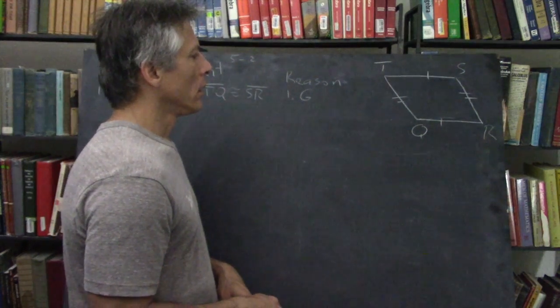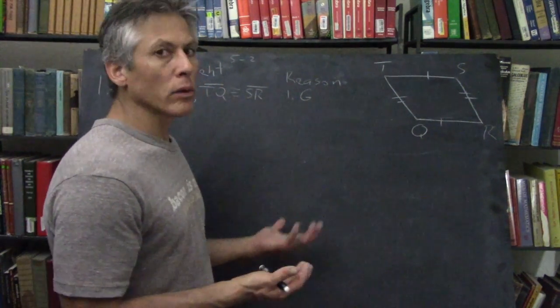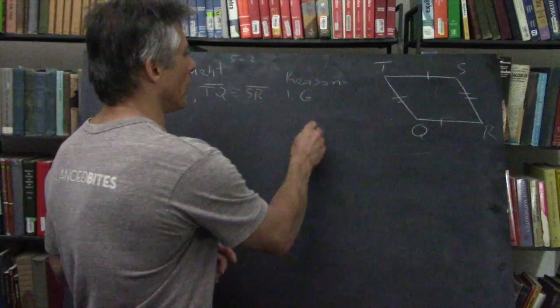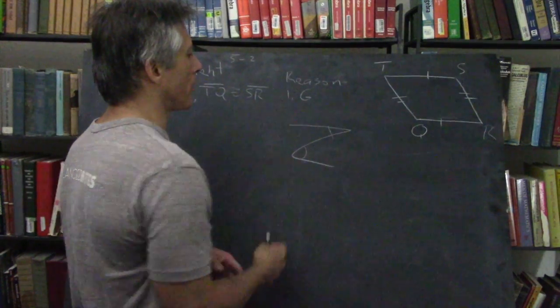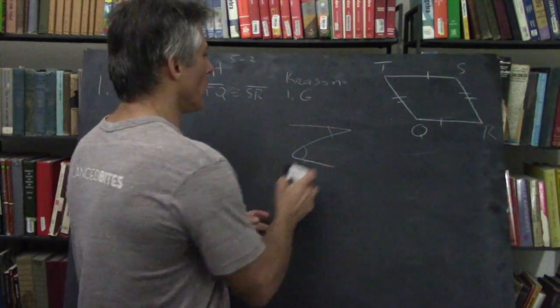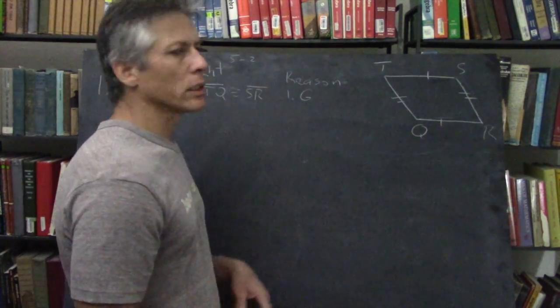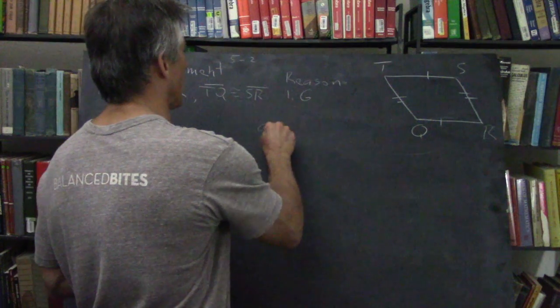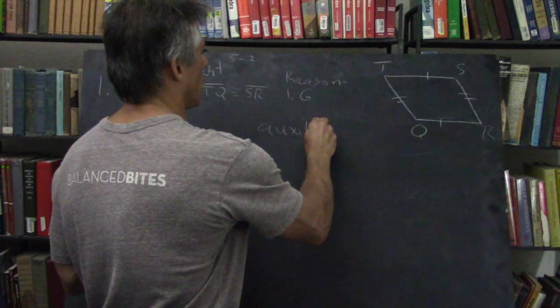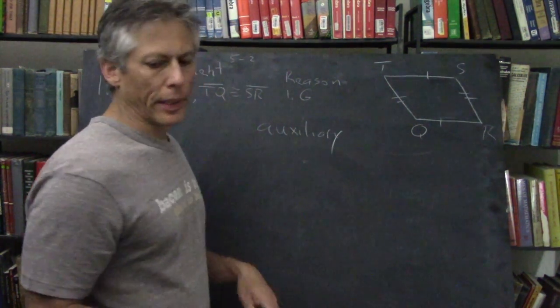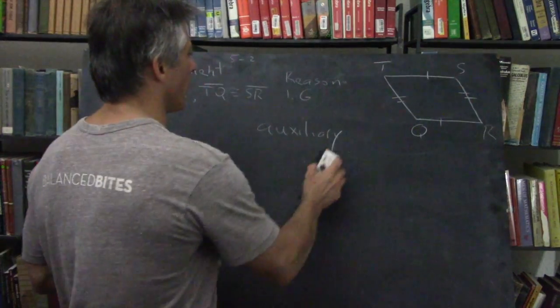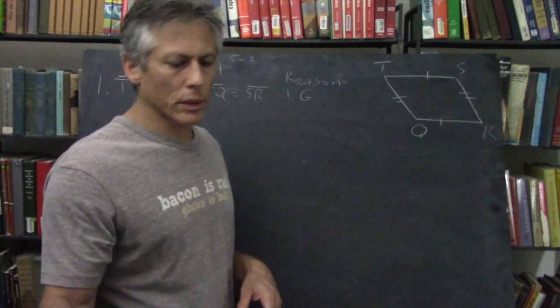Now, to show angles are congruent, which we want to do to show that the lines are parallel, we've probably got to use triangles. Notice there's not a triangle there, so we probably got to make one with an auxiliary line. Auxiliary meaning helping. We need a helping line. So we'll draw one in.